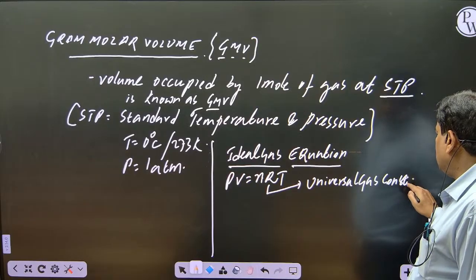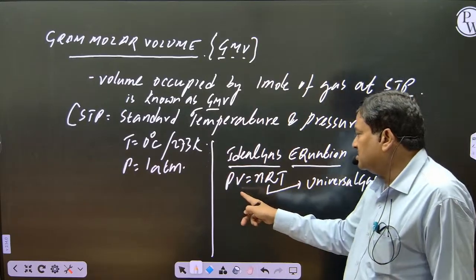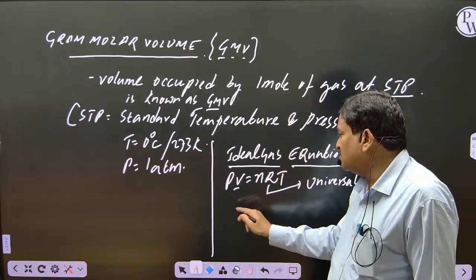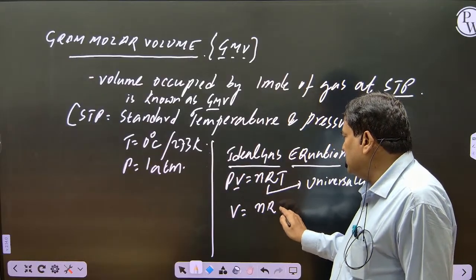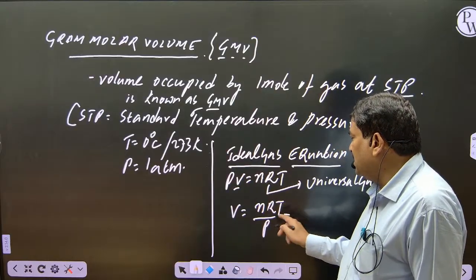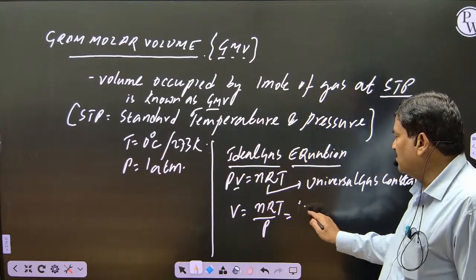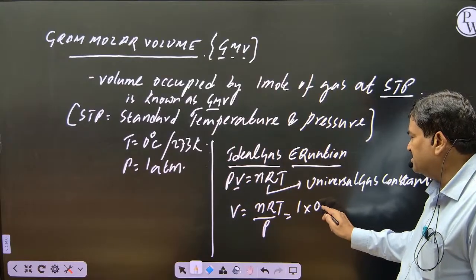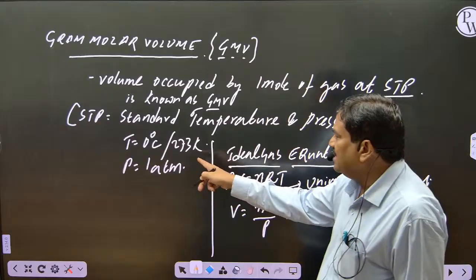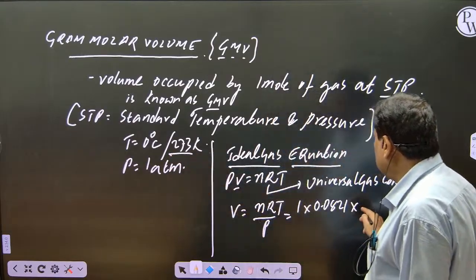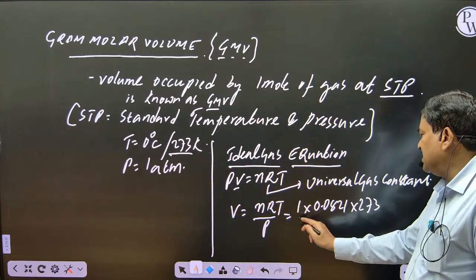Now see, when you are considering volume for 1 mole, obtain V from it. V is equal to nRT by P, with n taken as 1 mole. The R value is a constant, 0.0821. Temperature, when I convert in Kelvin, is 273, and pressure is taken as 1 atmosphere.